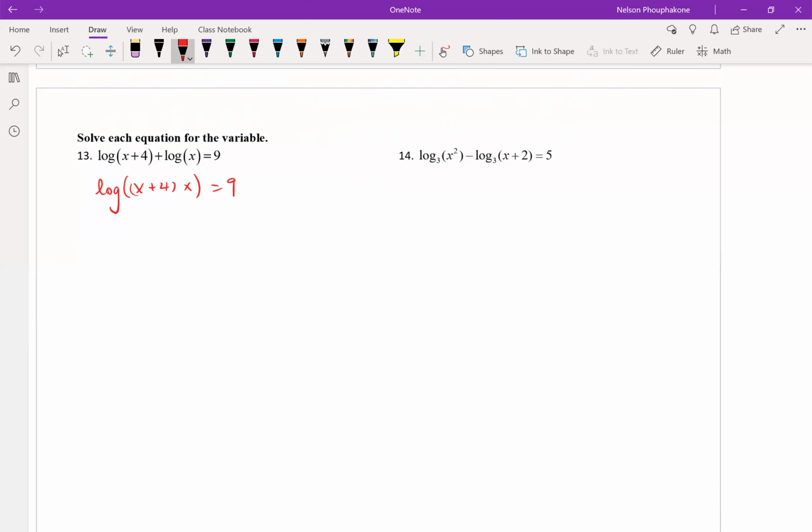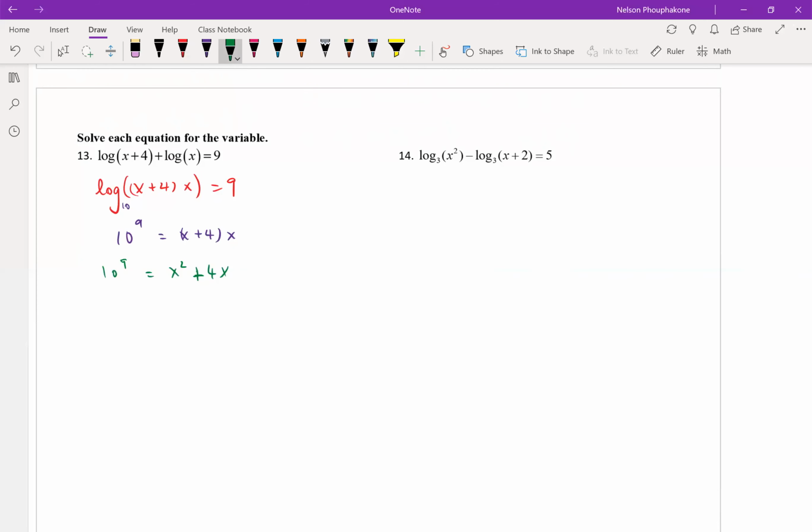Remember, the base is 10. So I have 10 raised to the power of 9 equal to x plus 4 times x. Just like this. And of course, we will have 10 to the 9 equal to x squared plus 4x.